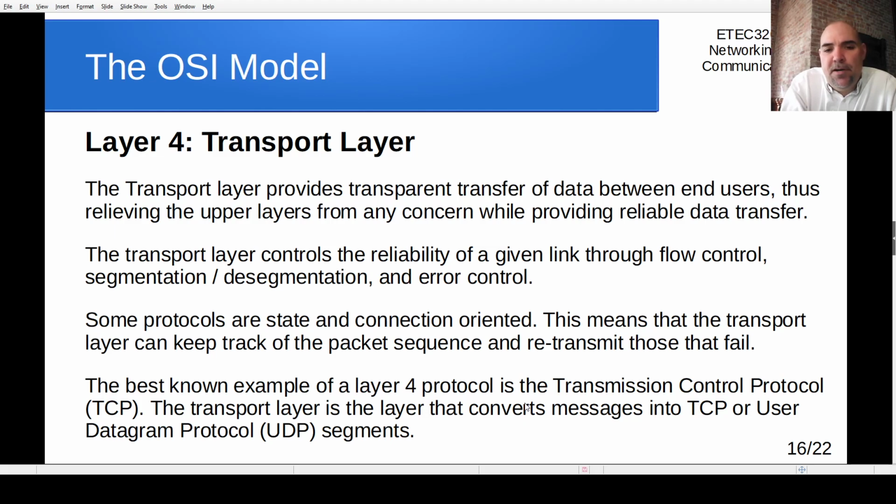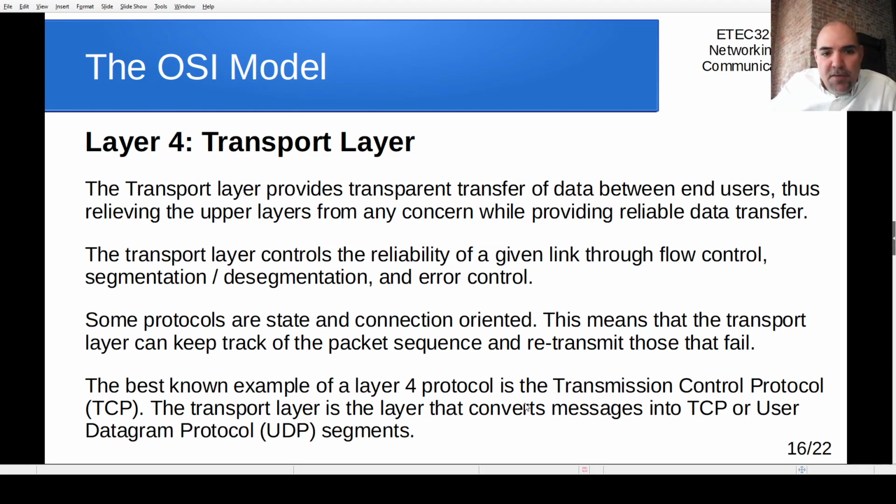All right, the transport layer essentially provides a method of transferring data from one user to another user in a seamless way. The main idea behind the transport layer, you can think of it as it's responsible for segmentation and desegmentation, and then making sure that reliability is enforced.